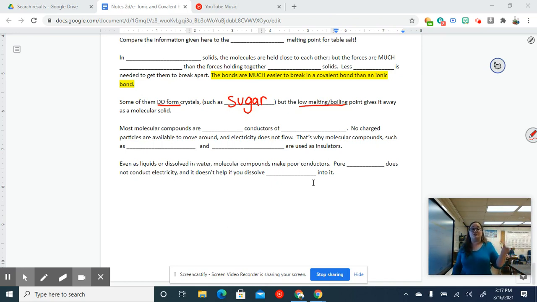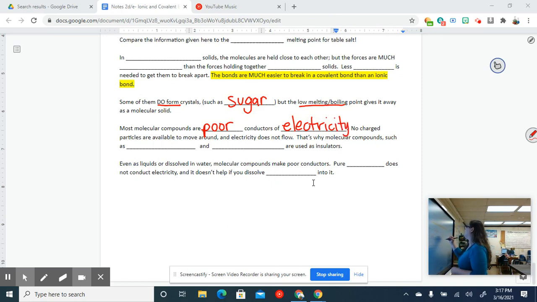If you tried to boil salt, now I'm not saying put salt in water. We know that works. It dissolves into the water. I'm talking about just putting dry salt into a pan and turning the heat up. Your stove does not create enough heat to melt it, but your sugar would end up burning in the pan because it would decompose. Most molecular compounds are poor conductors of electricity.